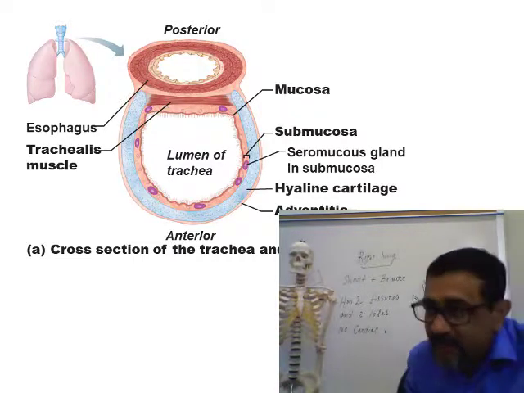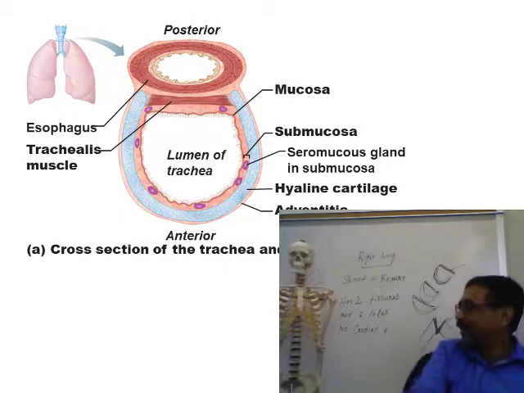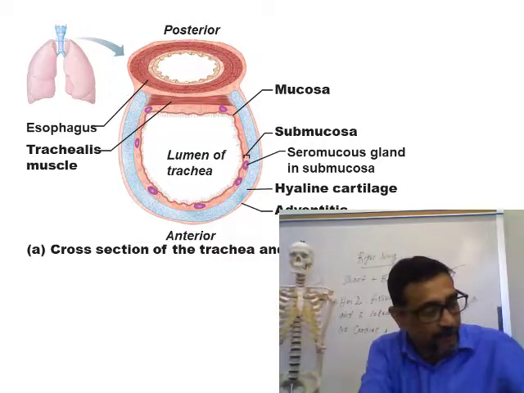All other cartilages are C-shaped except the last piece, which is a V-shaped cartilage called the carina. Since this is the last piece of cartilage, it is the lower end of the trachea, from where the right and left primary bronchi start and enter the lung. The right one goes to the right lung, the left one to the left lung.